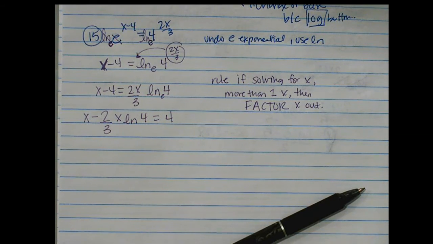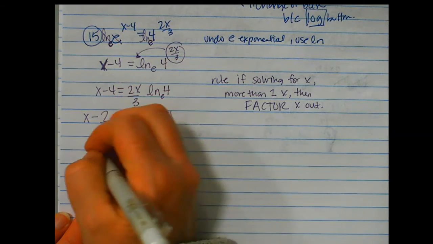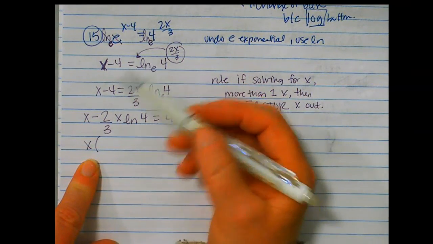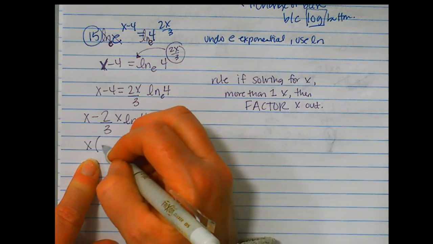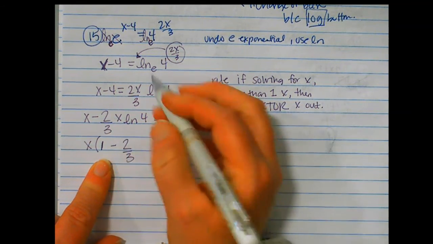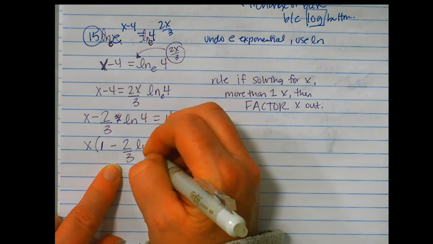So if we take it out, this is what it's going to look like. It's going to be x. And then I'm taking it out of here and here. In the first term, if we take out x, we need a placeholder. We take it out of the second one, we take it out right here, we're left with 2/3 the natural log of 4.